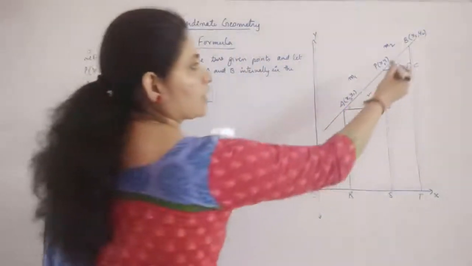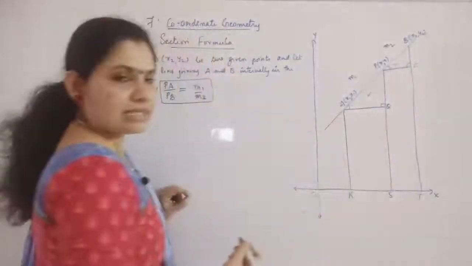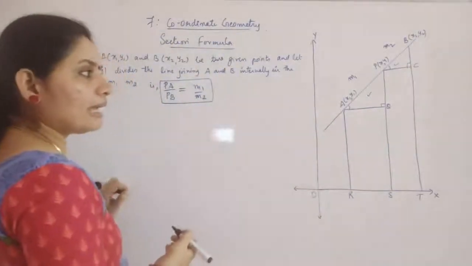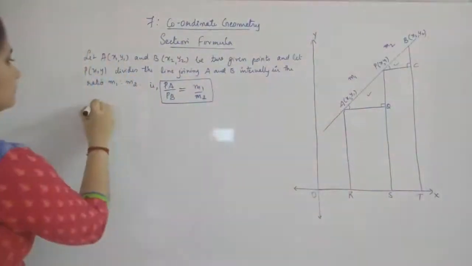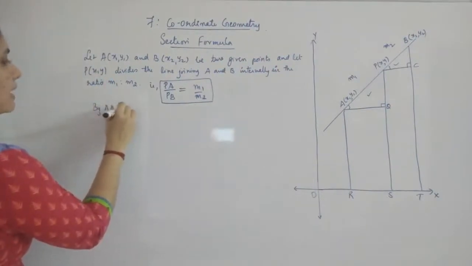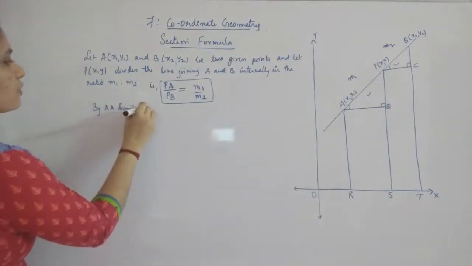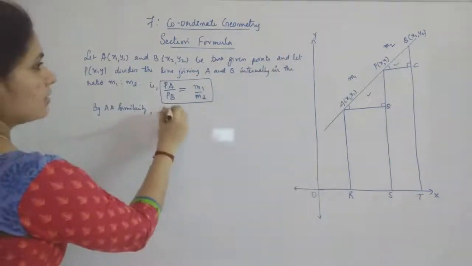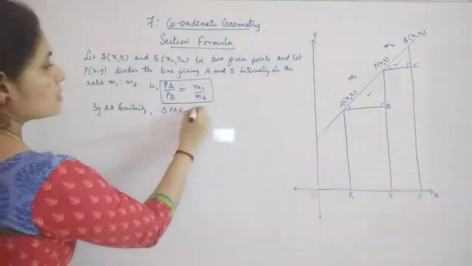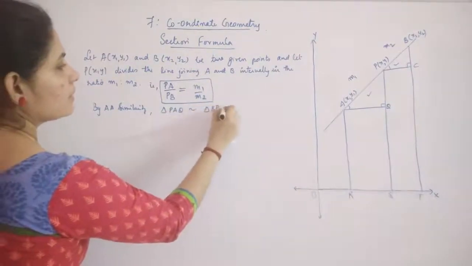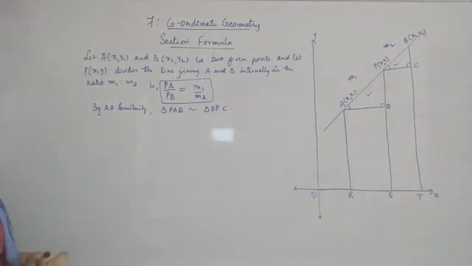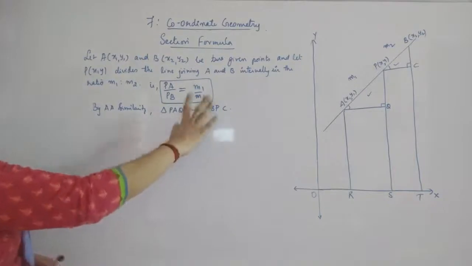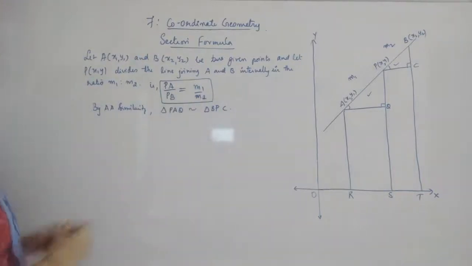So you have got one corresponding angle pair and one 90-degree pair. So by AA similarity, these two triangles formed are similar. Triangle PAQ is similar to triangle BPC, and after proving that they are similar, the corresponding sides will be proportional.